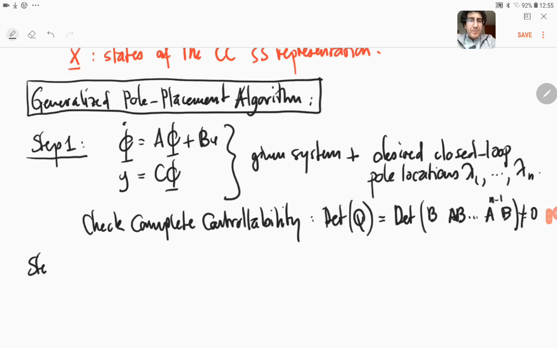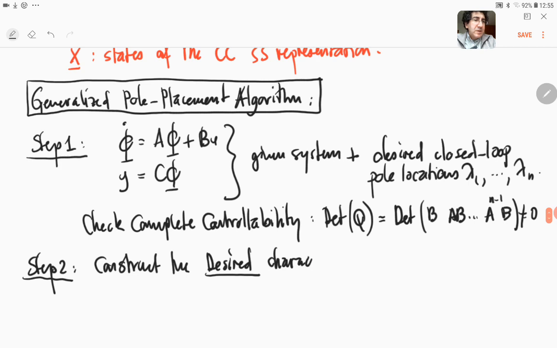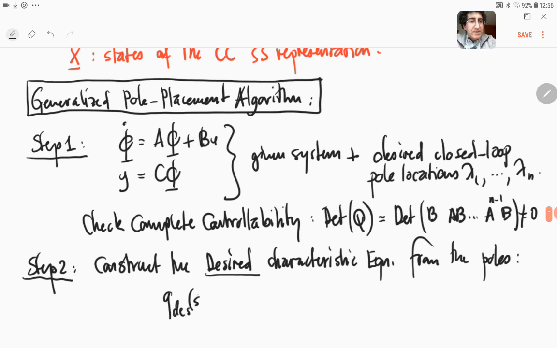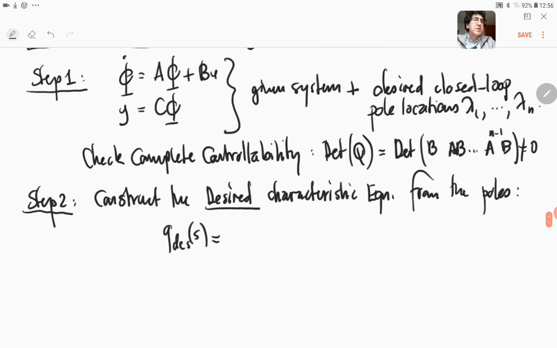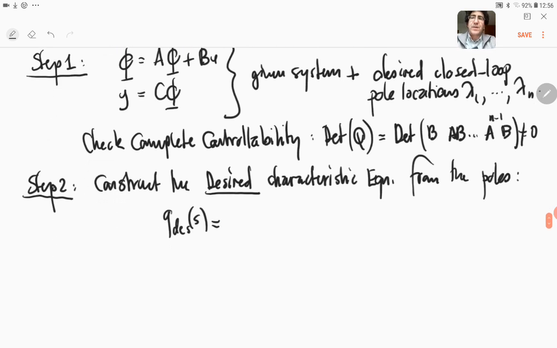Second step is to construct the desired characteristic equation from the poles. Let's call this Q desired of s. This is the denominator actually of the transfer function.